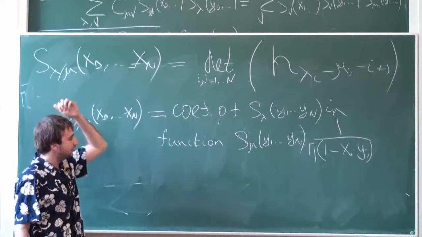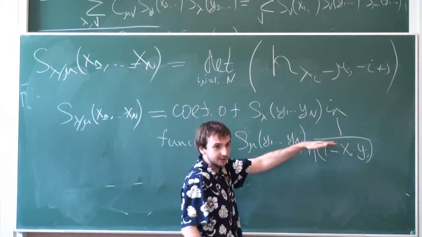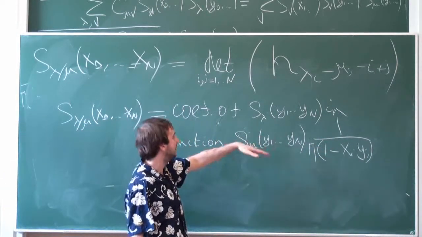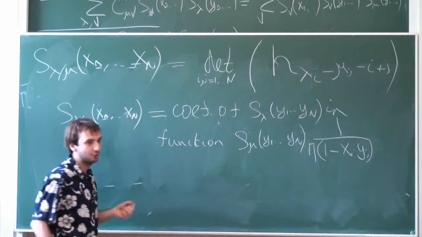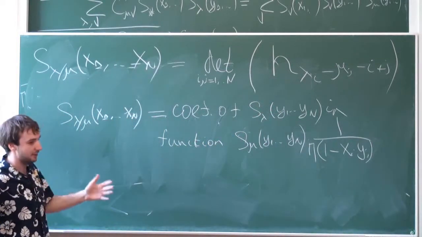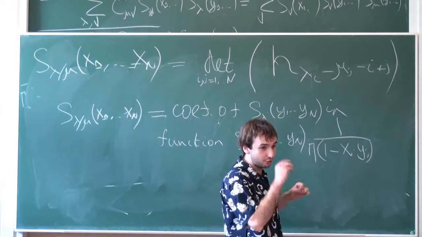This product is a symmetric function in y's, so it can be decomposed into Schur polynomials, and the coefficient is exactly our skew Schur polynomial. So now I want to state a general principle for how to find the coefficient in a decomposition into Schur polynomials.